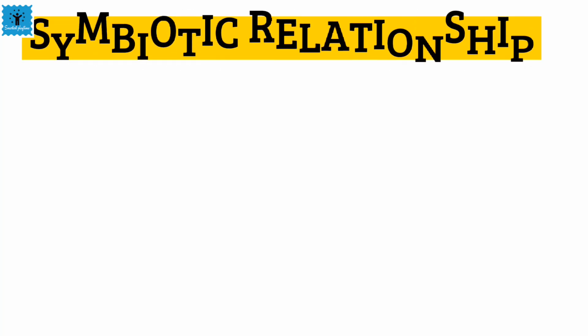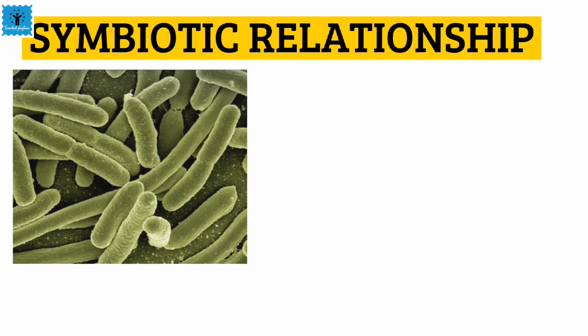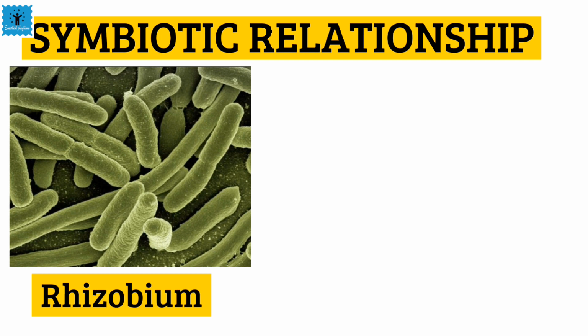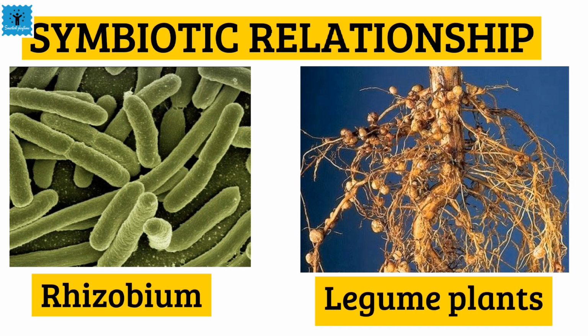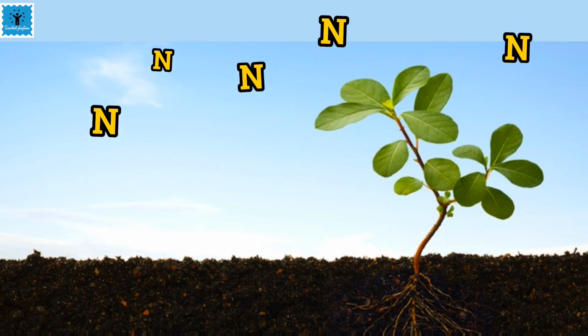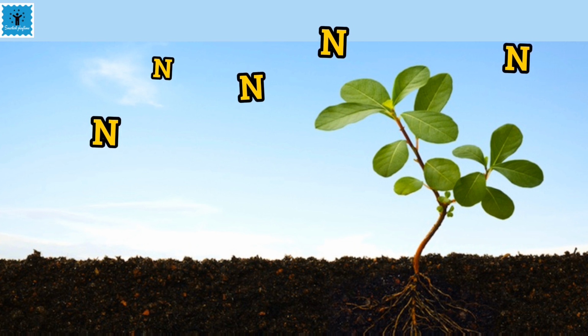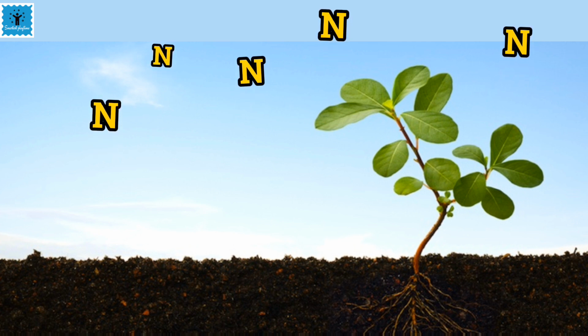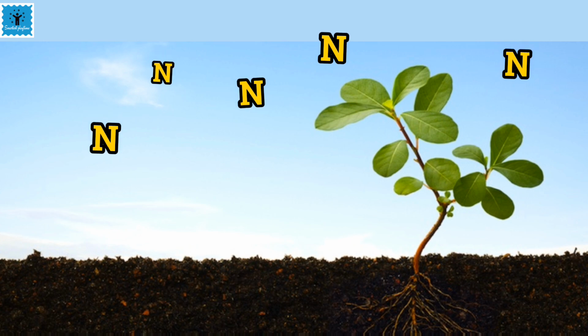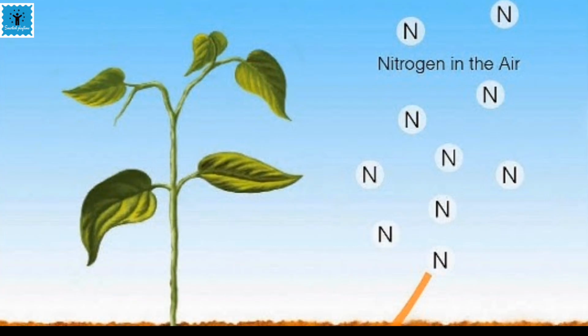Another example of symbiosis is the relationship between Rhizobium bacterium and legume plants. Plants require nitrogen, and we know nitrogen is present in the atmosphere in gaseous form. But plants cannot use that nitrogen. They need nitrogen in soluble form so that they can use it.